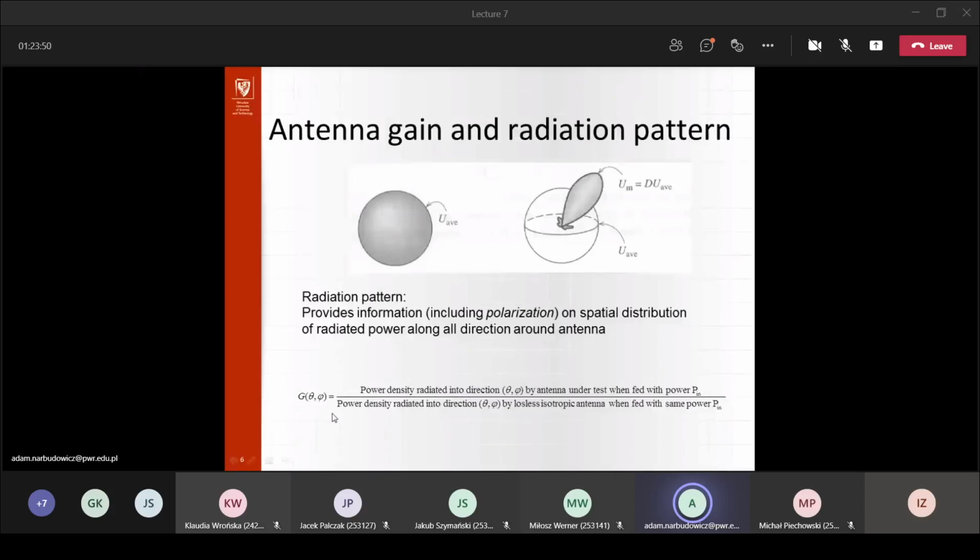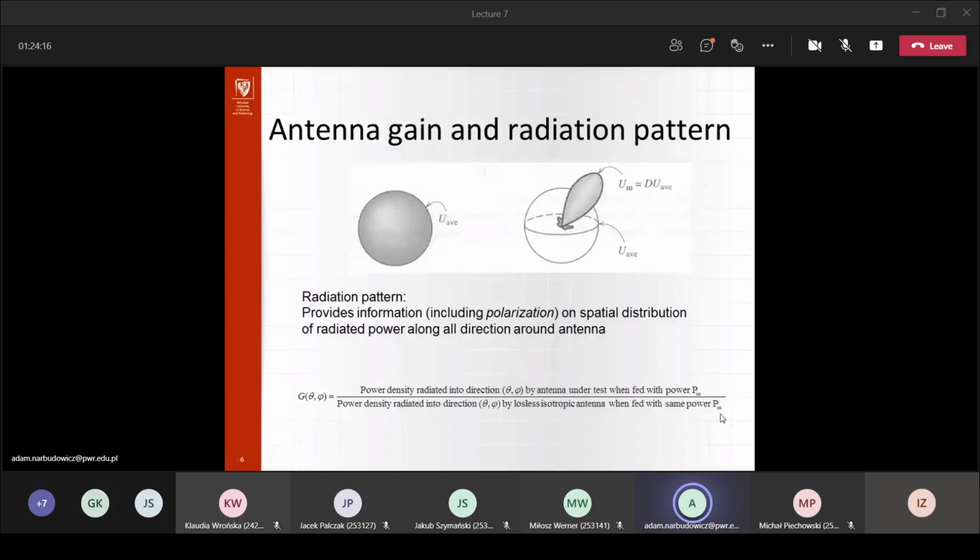Here comes the definition of our gain, which is the power density radiated into a certain direction by our antenna when fed with some power P in, compared to the isotropic antenna radiating in the same direction when fed with the very same power, and measured over the same distance.